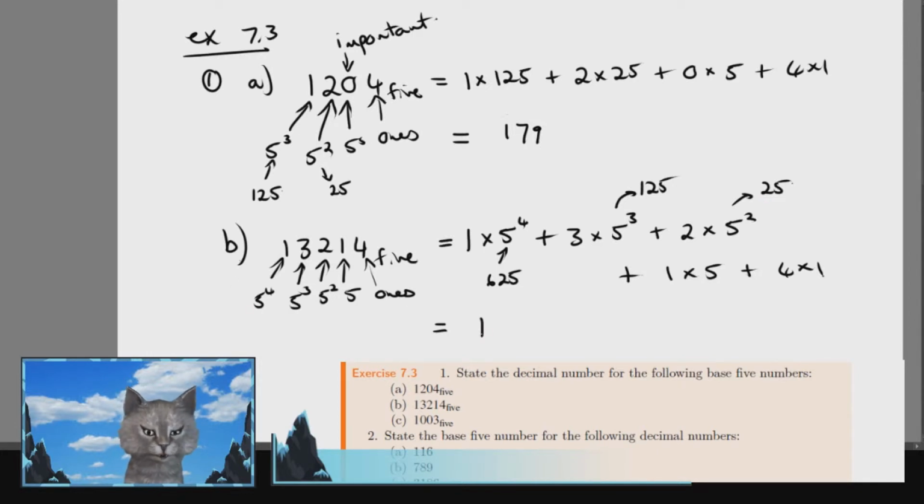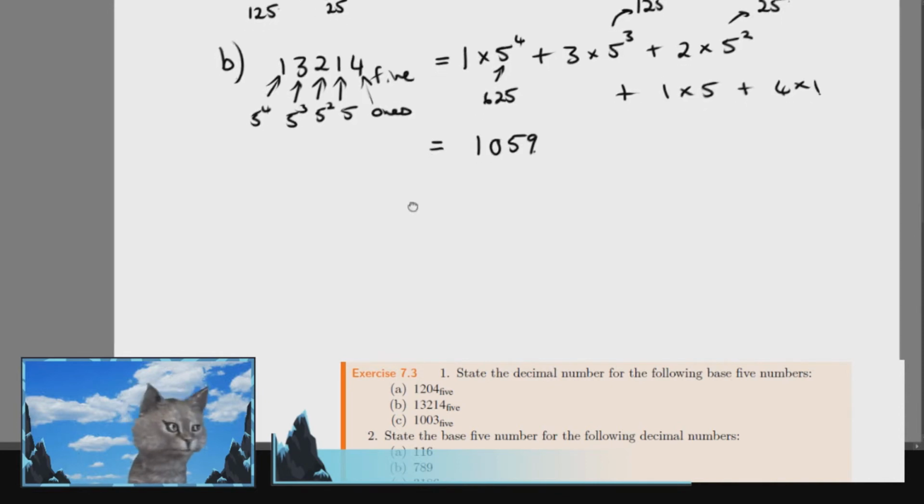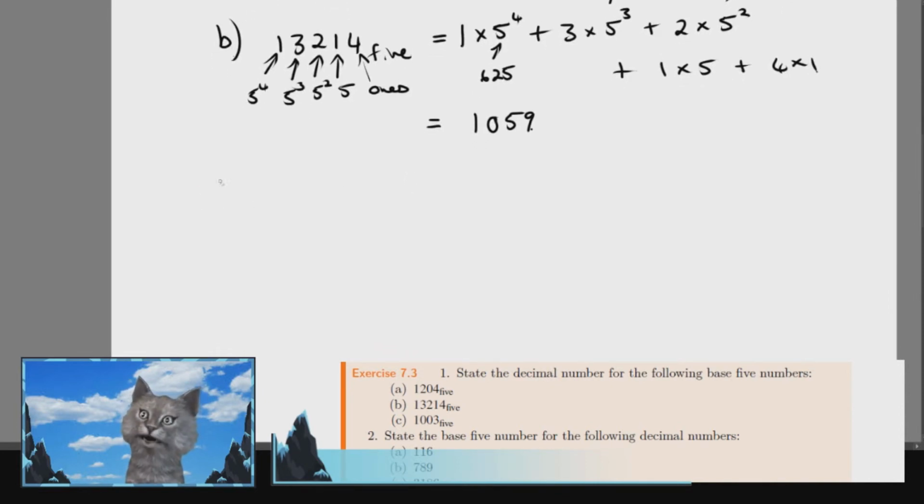I get 1,059. That is now 1,059 because this is a decimal number. This first one was not 13,214 because that was a base 5 number. So the way I read it is different.